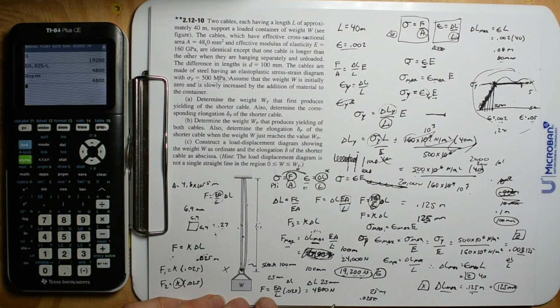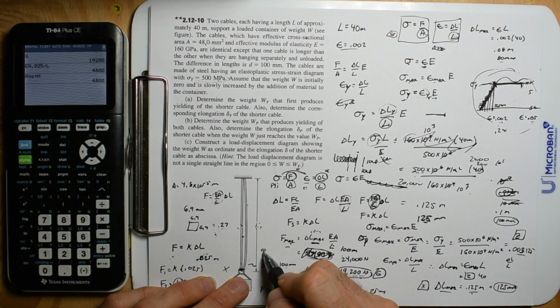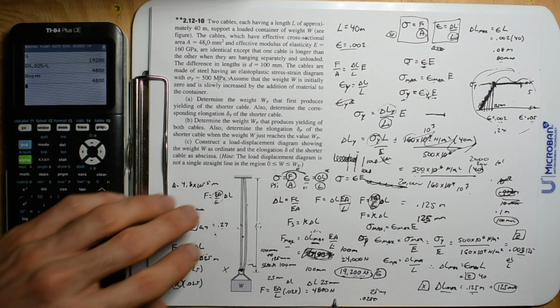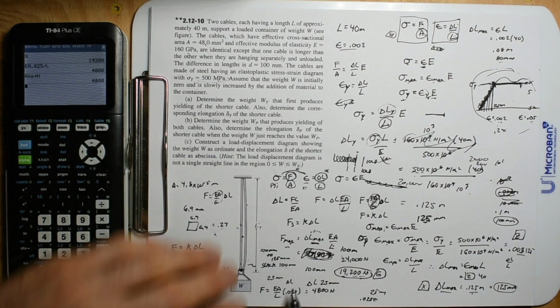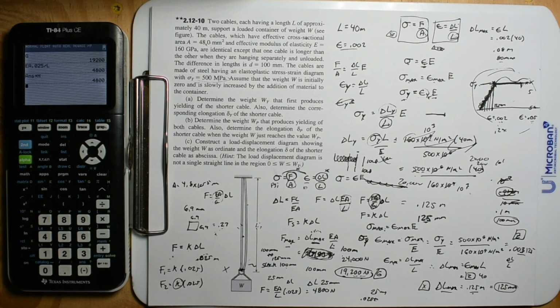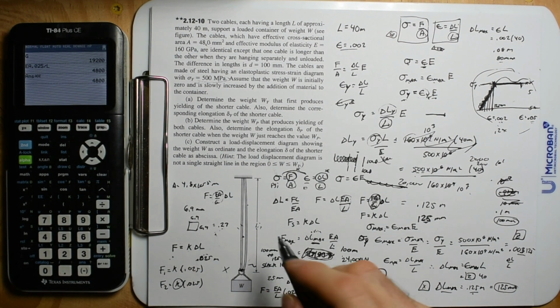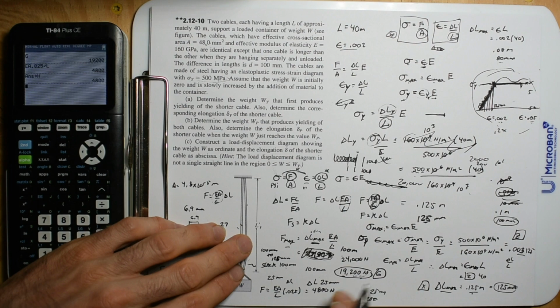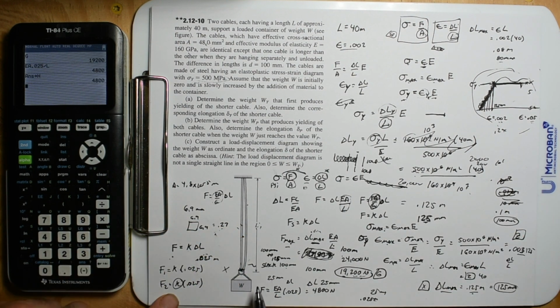Cool, but now let's say the other cable has to go from 100 millimeters to 125 millimeters. Am I wrong on this? I don't think so. So let's do it two ways. We're kind of running out of juice here.